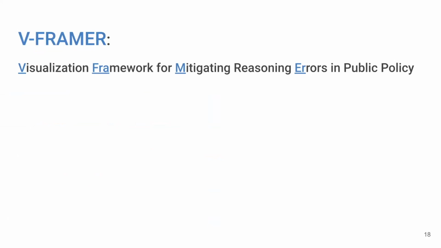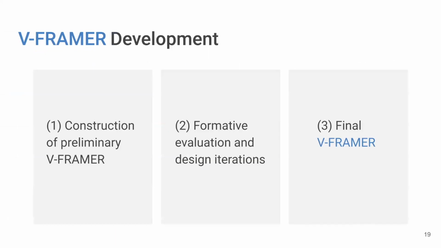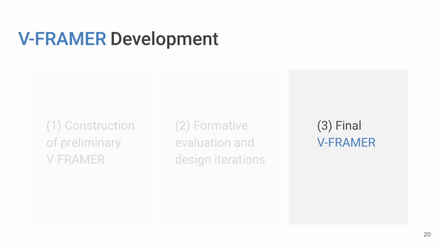We contribute FRAMER, Visualization Framework for Mitigating Reasoning Errors in Public Policy, and we developed it through 3 phases, which also serves as the outline of this talk. But let me first give you an overview of our framework, and then I'll go into the details of the development process.